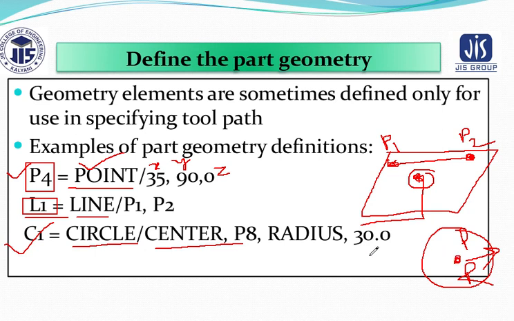This center point is defined by a point value which is considered as P8, and you have given the radius of how much? 30. Now this is in metric code, so it means 30 millimeter. So from this particular point, considering a 30 millimeter radius, it is going to draw a circle. This is how geometrical statement is defined in APT programming.